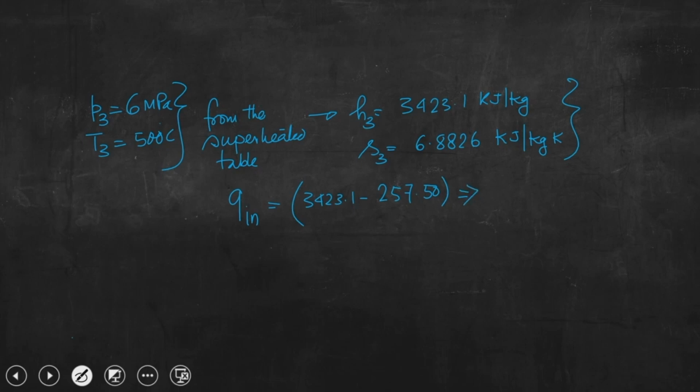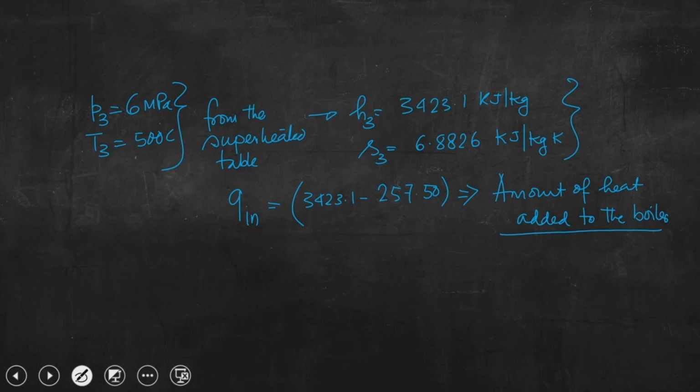Now, we can calculate what would be the Q out. So, this is the amount of heat added to the boiler. This is the first part of this problem.